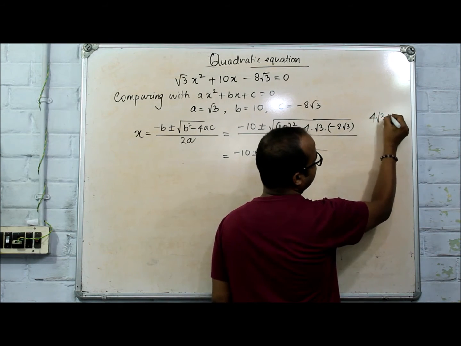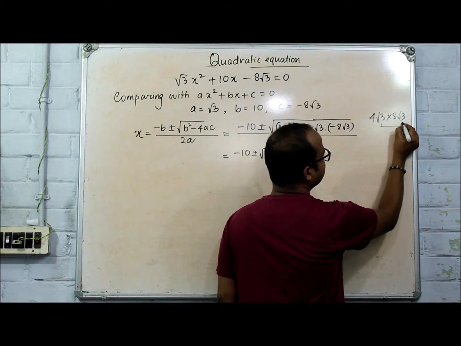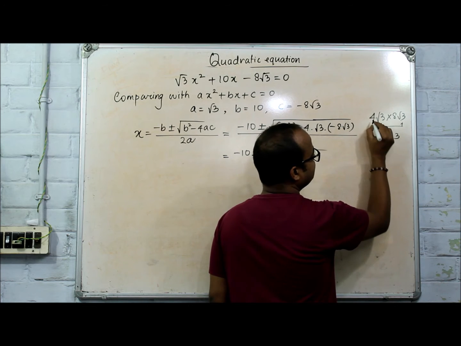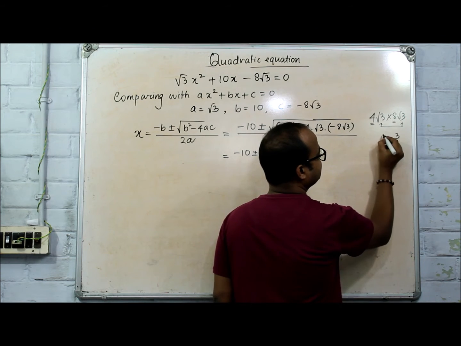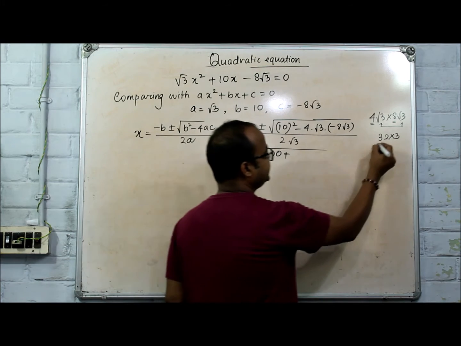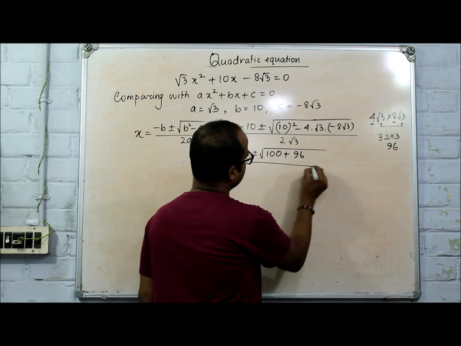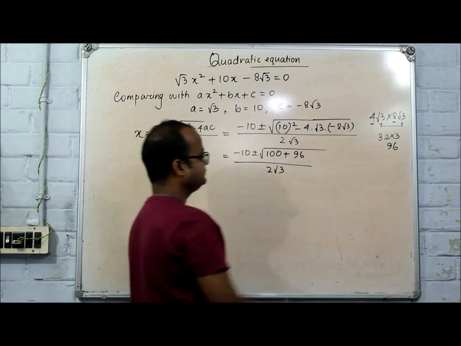Root 3 into root 3 is equal to 3. 4 8s are 32, and 32 into 3 is 96, all divided by 2 root 3.